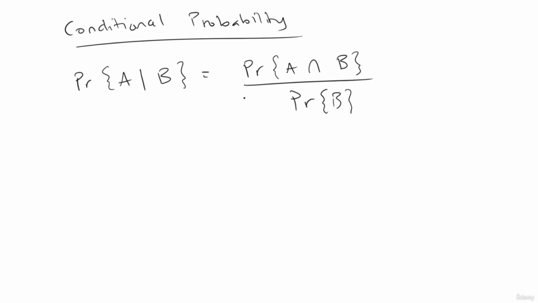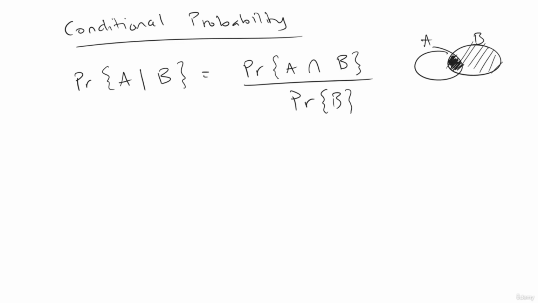So you can imagine we have A over here and we have B over here, and we know that we're in B, like we know that B occurred. So we're over here, this is where we live right now. This event occurred. We want to know, now that B has happened, what is the probability that A is going to occur? Well, this right here is the only overlapping space, the intersection.